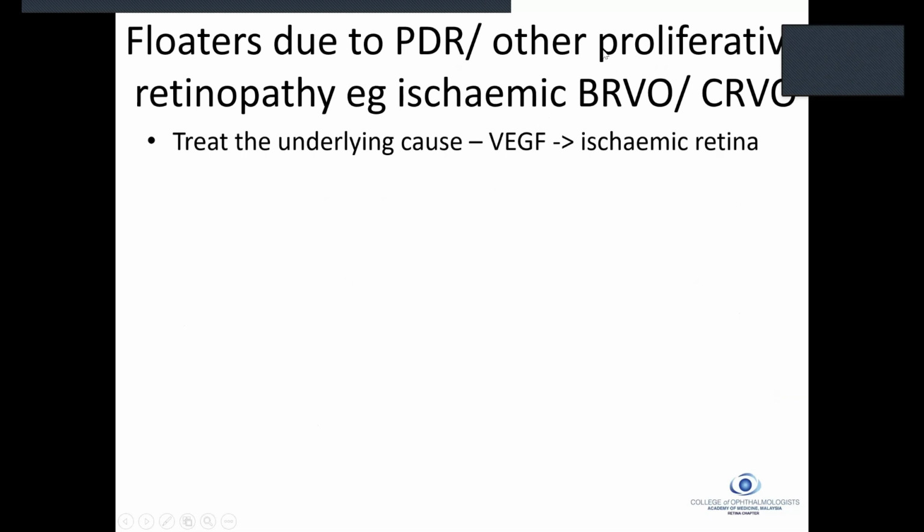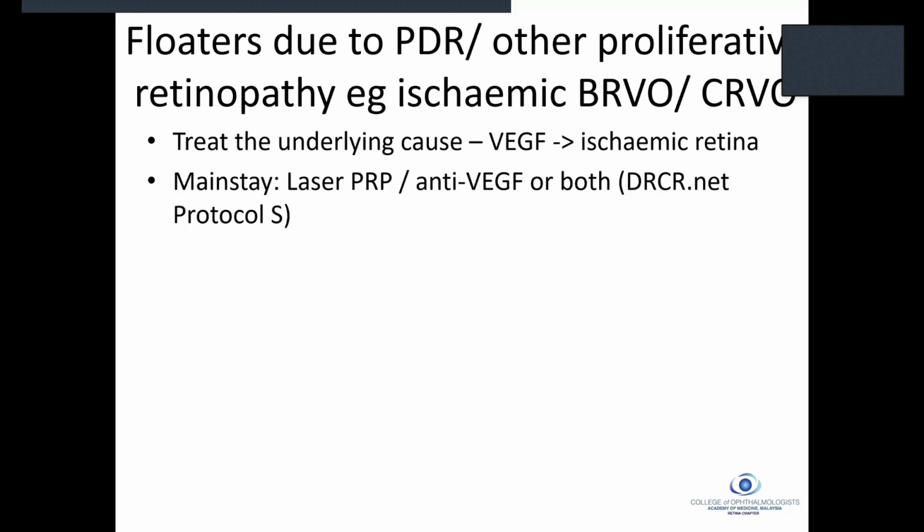But essentially, when there are floaters and this is due to vitreous hemorrhage, you know it is ischemic. And so you really have to treat with either retinal photocoagulation or anti-VEGF. These are the mainstays of treatment.